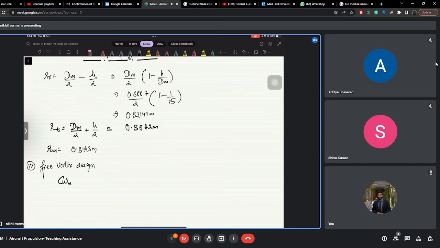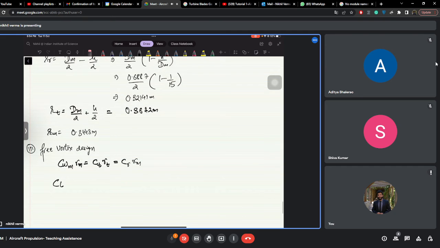Now we know that for a free vortex design, your tangential component is equal to C at the tip and r at the tip, and is equal to C at the root and radius of the root. Okay, so let us calculate what is CT and CM from here.